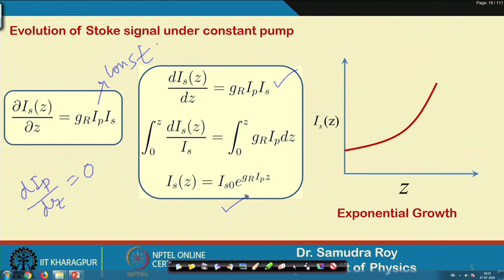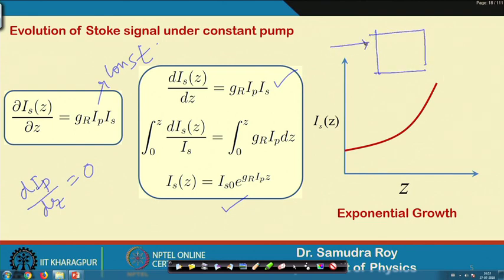So, if we solve this differential equation, we must have something in our hand which has an increment, and in this case this increment is exponential in nature. So, this is some sort of exponential growth. Once we have the solution, we can readily understand that we have exponential growth when I p is constant.